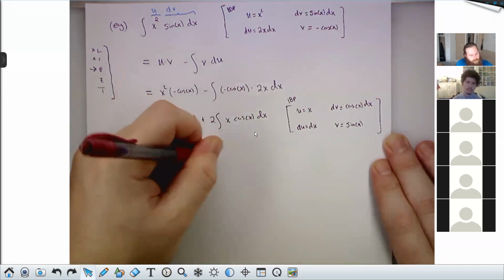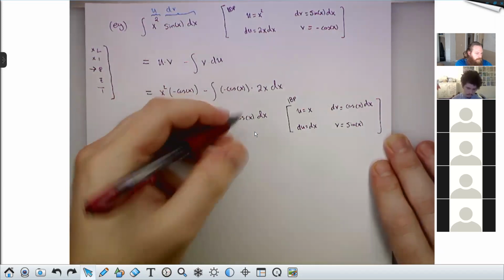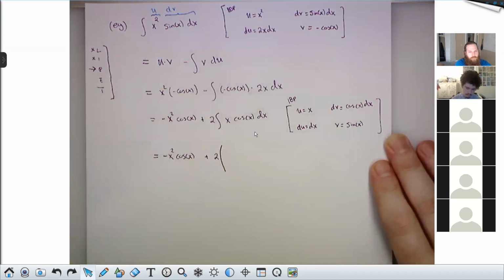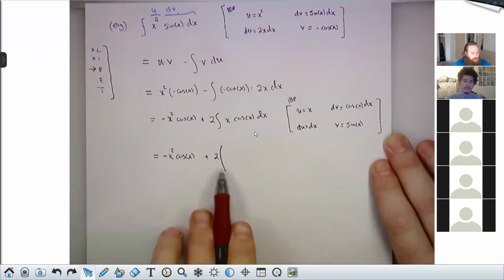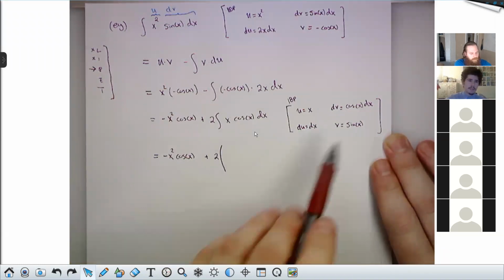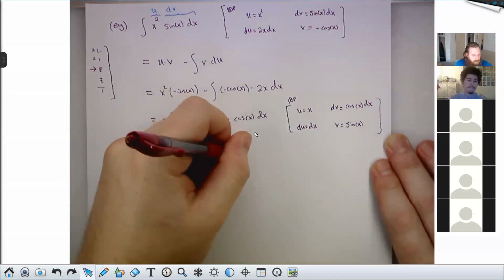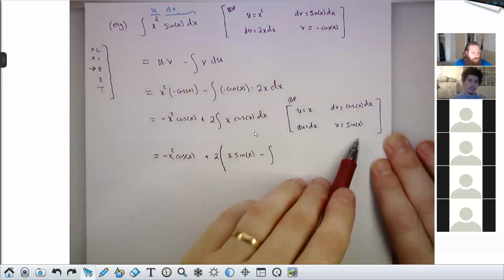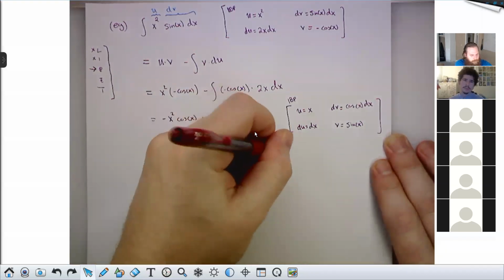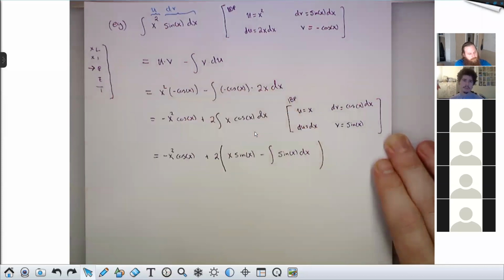And then I've got my plus 2 times. And now this integral, I'm about to replace by a difference of 2 terms coming from its own integration by parts. So I need to make sure this 2 gets to everything in here. So I open up a big parentheses. And then I'll have u times v, which is x times sine x, minus the integral of v times du, which is sine x dx.